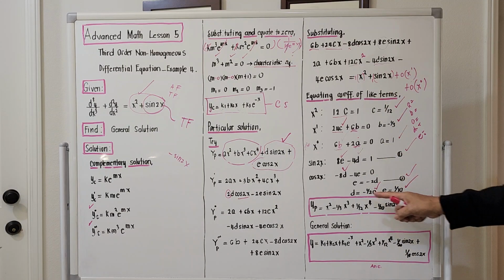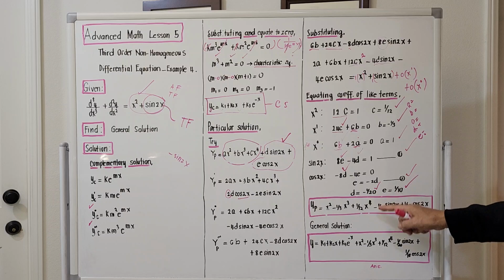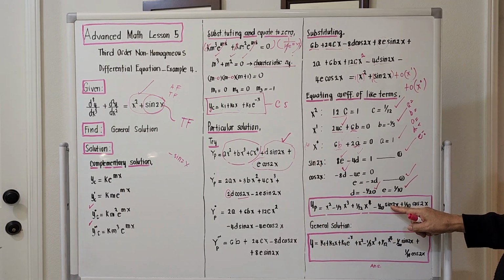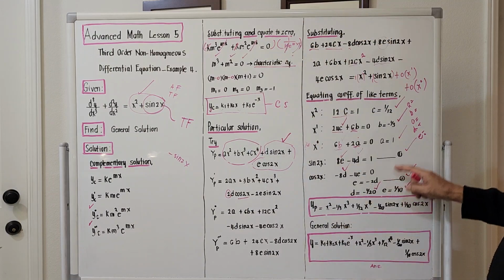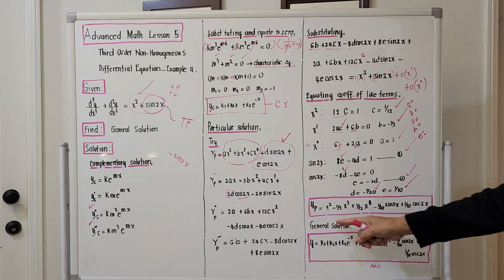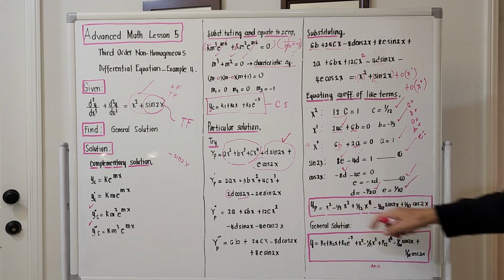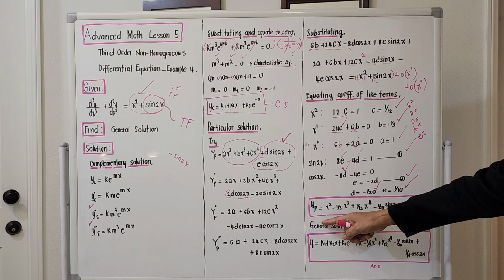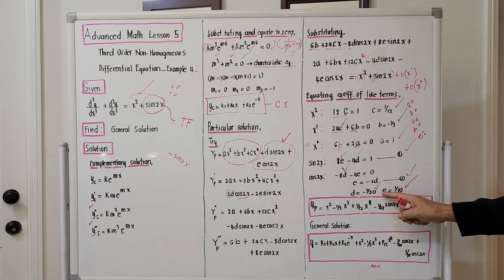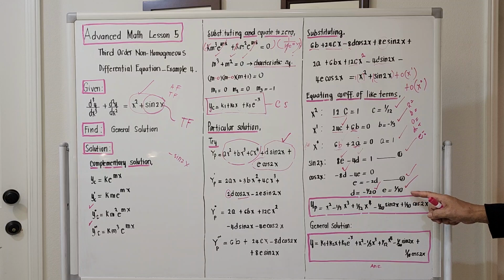The value of d is actually negative 1/20, we are following this, sine of 2x, plus the value of e, which is 1/10, cosine of 2x. So this is the particular solution: x squared minus 1/3 x cubed plus 1/12 x to the 4th minus 1/20 sine of 2x plus 1/10 cosine of 2x.